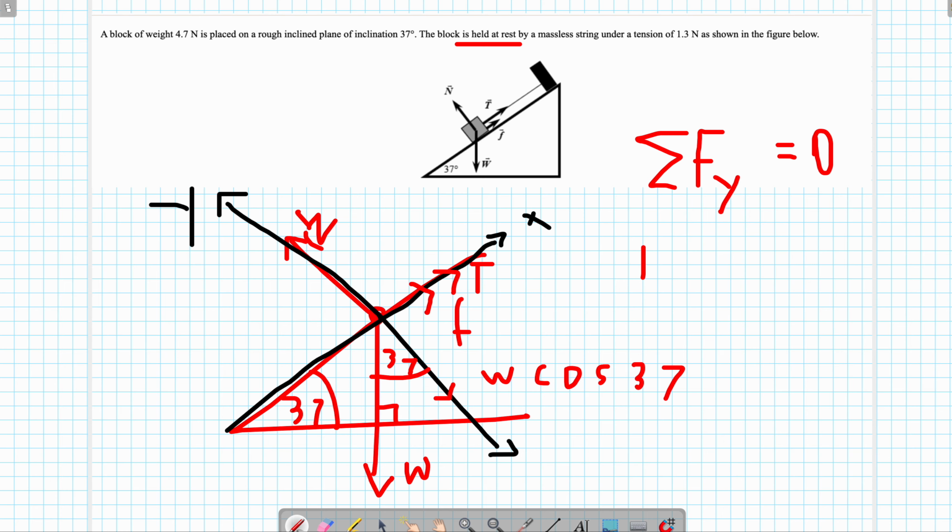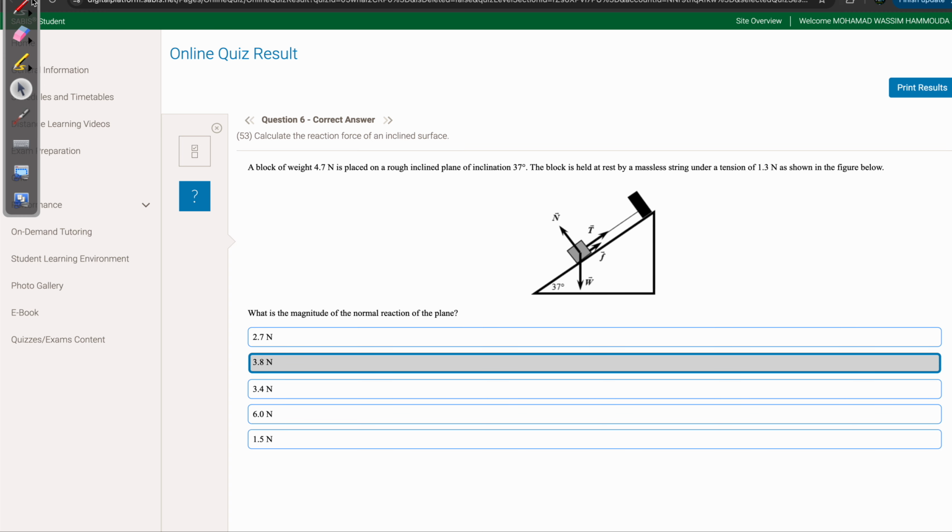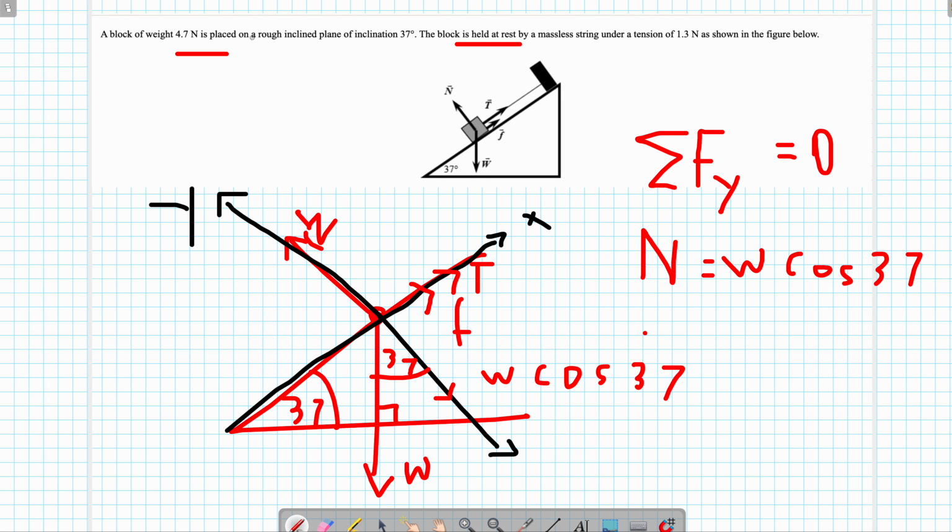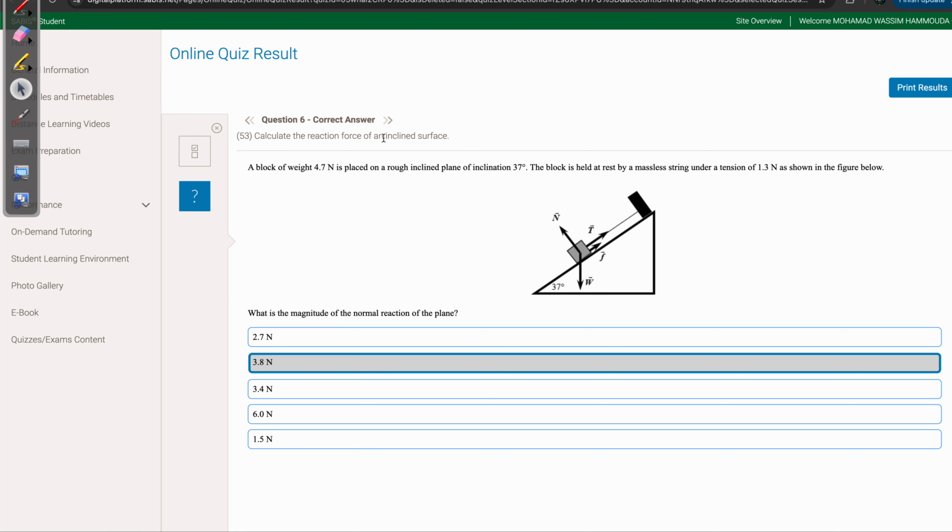So, the normal is gonna be equal to W cosine 37. Then we're gonna plug it into the calculator. They gave us the weight, so all we're gonna do is just 4.7 cosine 37. That will give us 3.8, which is the answer. Let's erase. Let's move on.